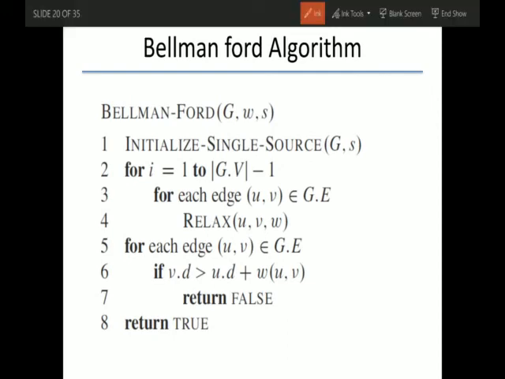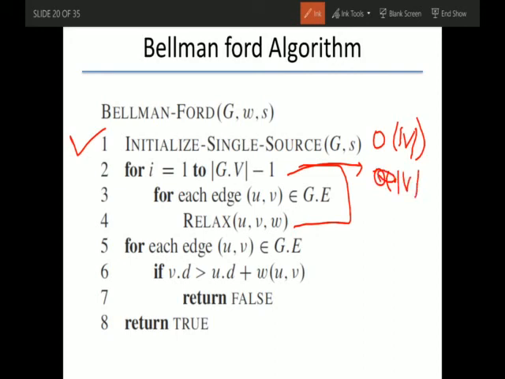In this algorithm there are three parts. The first part is the initialization that takes order of v, the number of vertices. From second to fourth, the outer loop will go up to the number of vertices, and inside this, for each iteration we are relaxing all the edges, that is the number of edges.